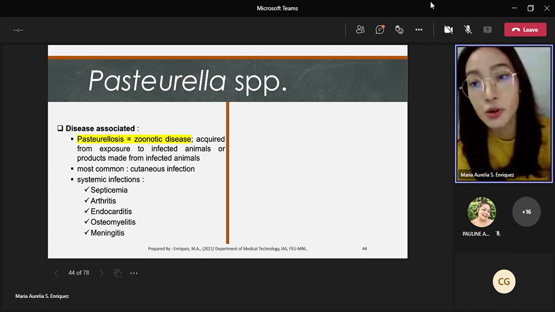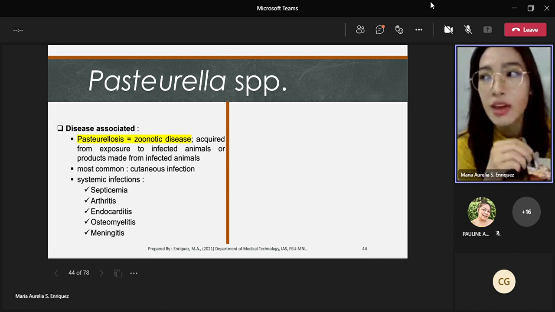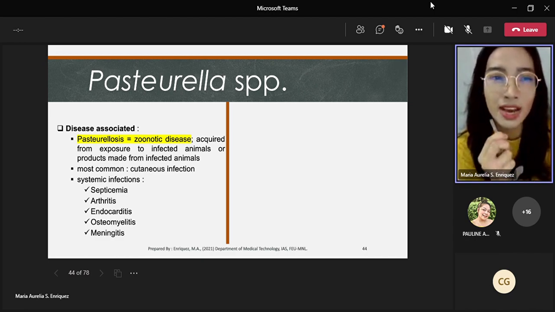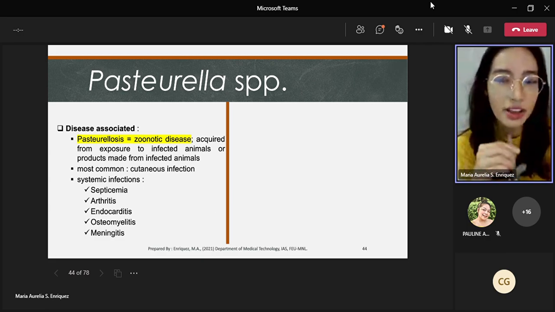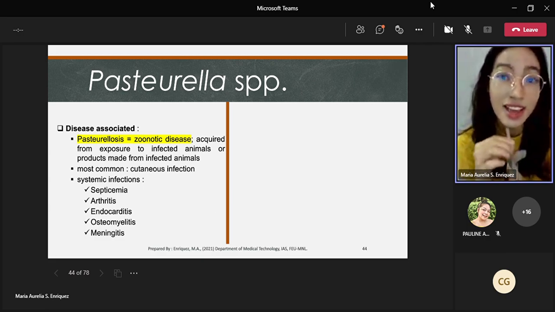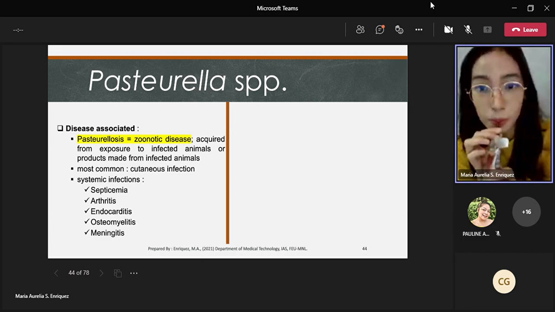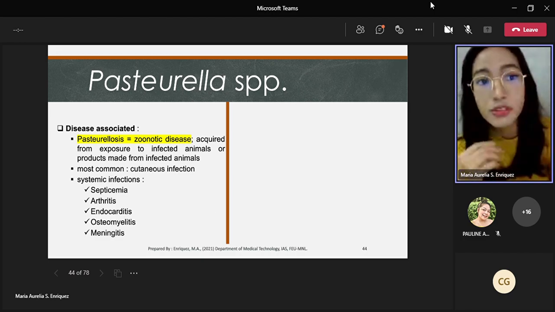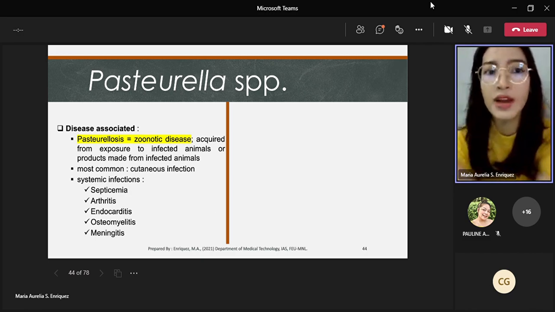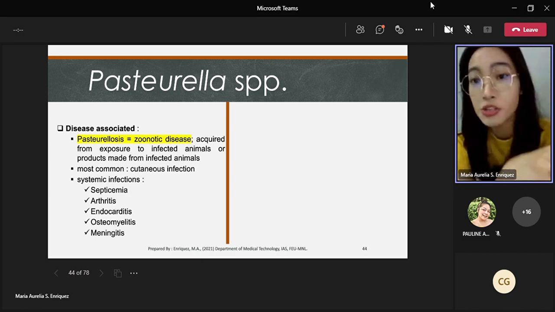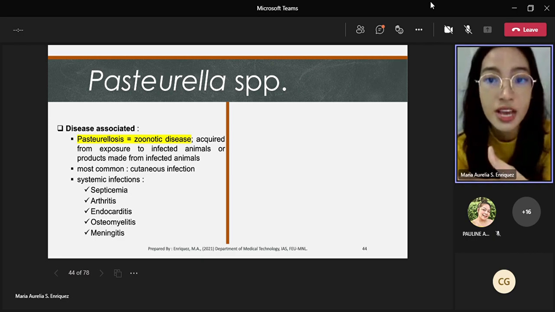So yun po yung meaning ng zoonotic diseases, di ba po? If we acquire them in any method that involves contact with animals or infected animal products, then this is a zoonotic disease. And the most common form is cutaneous pasteurellosis. Now, at times, these may also lead to systemic infections.